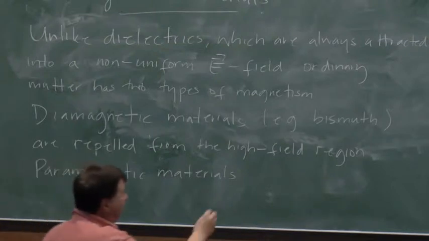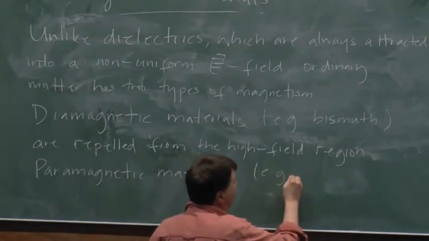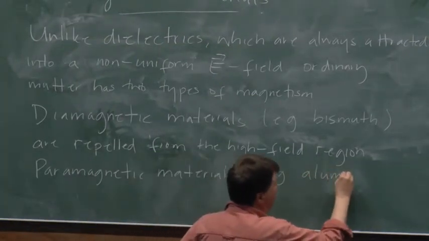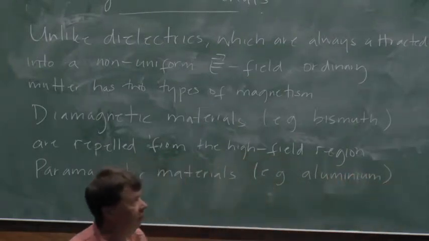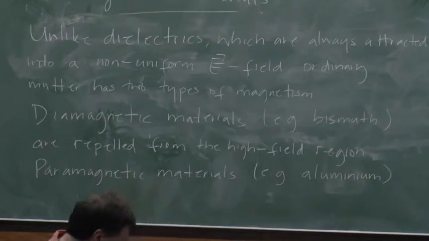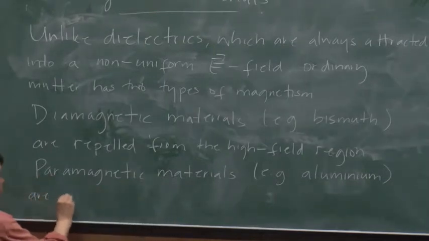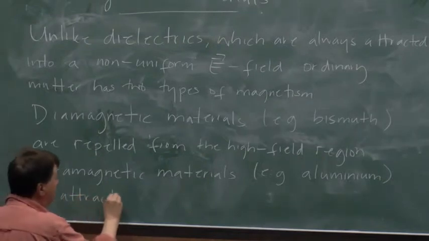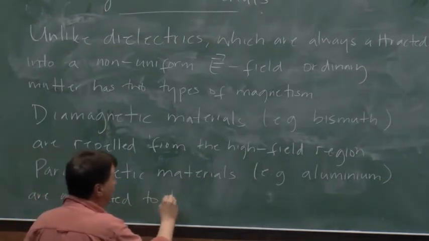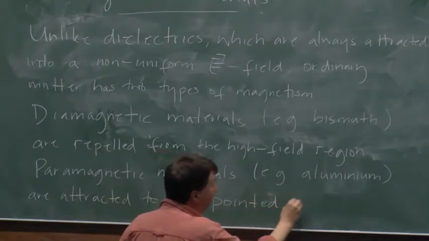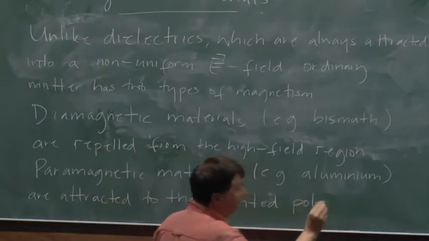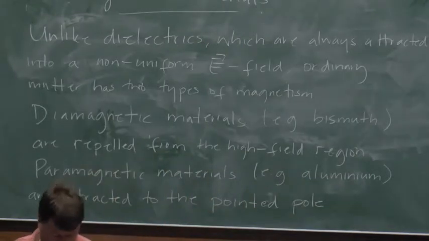So again, I could have chosen a million examples, but as usual, I've followed the Feynman lectures and he chose bismuth and aluminium, so that's exactly what I'm going to do. These materials are attracted to the pointed pole. So right from the outset, we've got two different types of magnetism to explain.